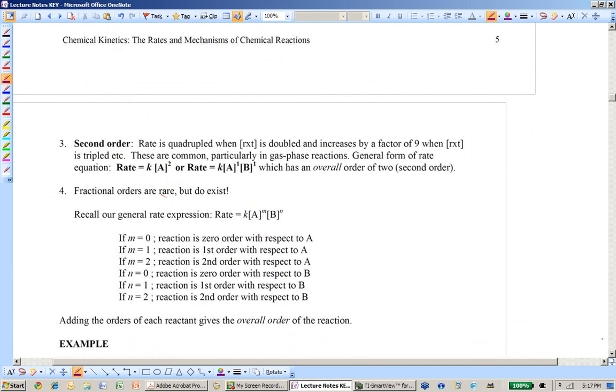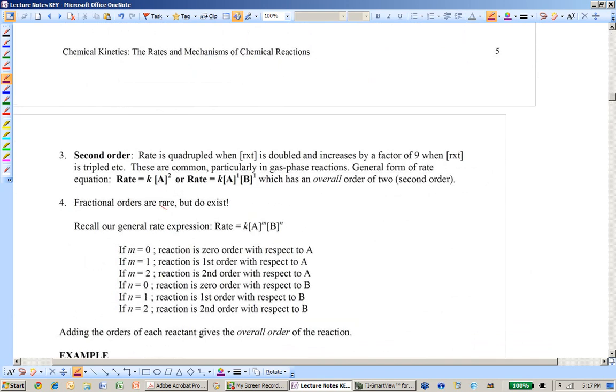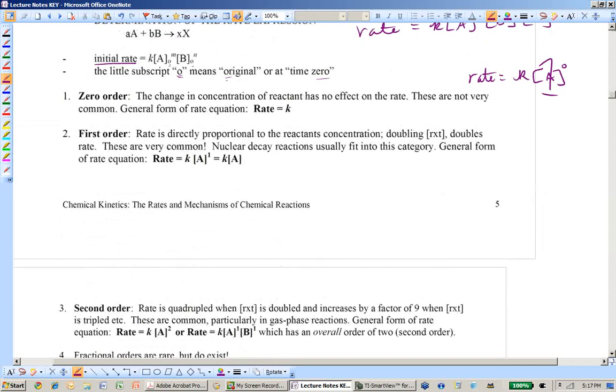I should give a little more time to this. I'm sorry, let me back up just a minute. What this first order means is the rate is directly proportional to the reactant concentration. If you double the reactant concentration, think of a 2 in there for a doubling, then wouldn't you get 2 rates?